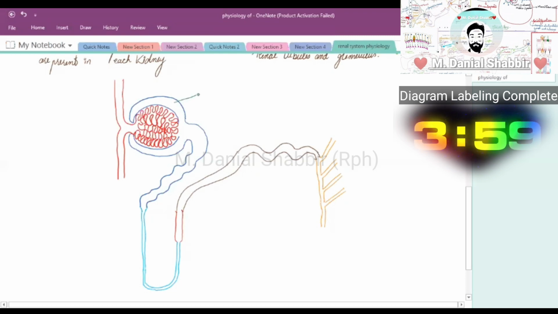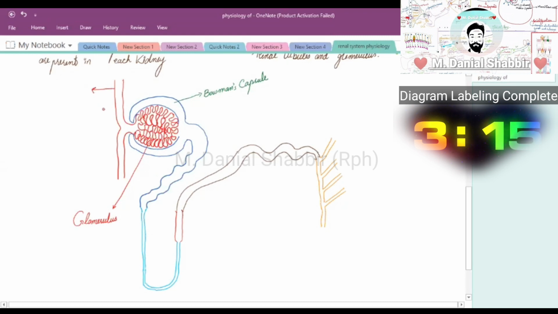This is Bowman's capsule. Right? Okay. This is the glomerulus.